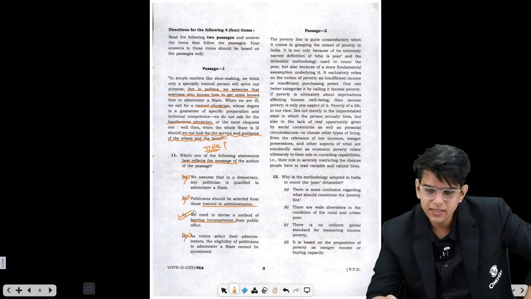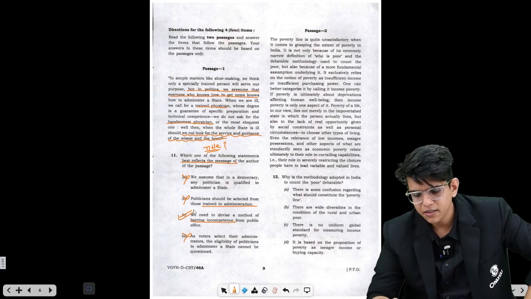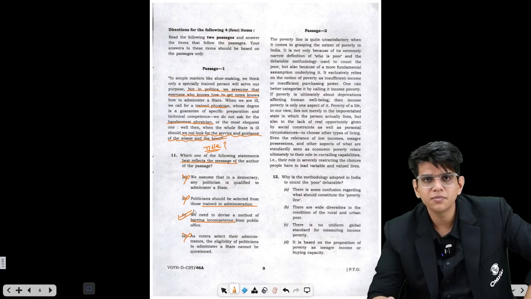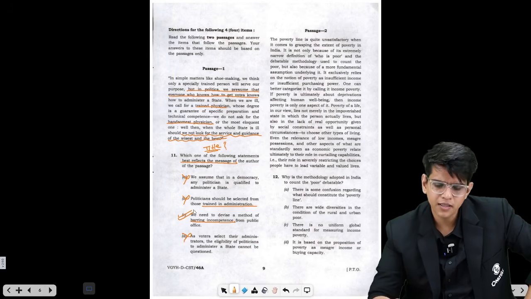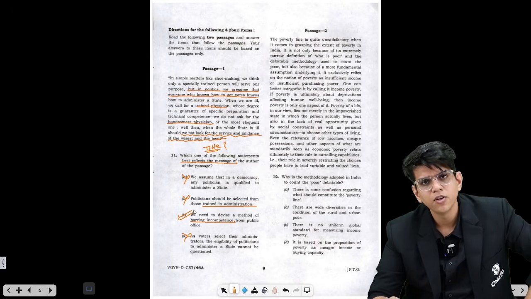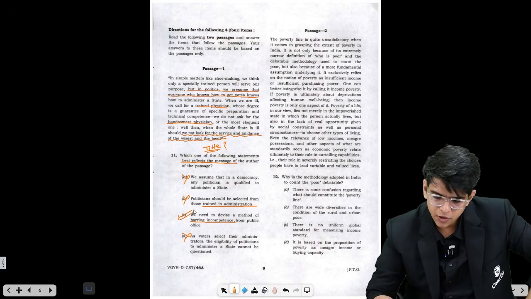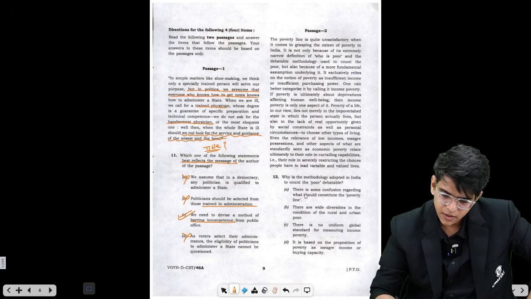This is one of the easiest passages. Basically, the passage is talking about that poverty line is just based on income. It doesn't cater to other types of problems with it, right? So which of the methodology adopted in India to count the poor is debatable? There is some confusion regarding what should constitute poverty line. No, there is no uniform.